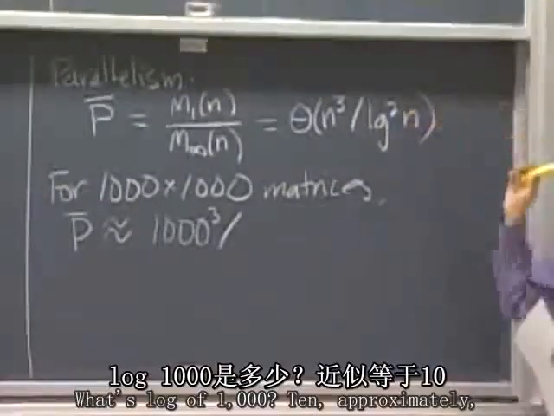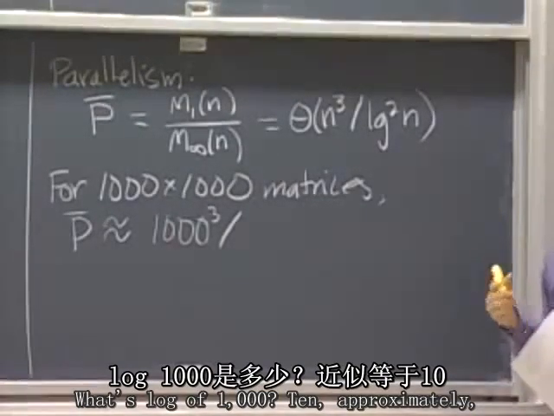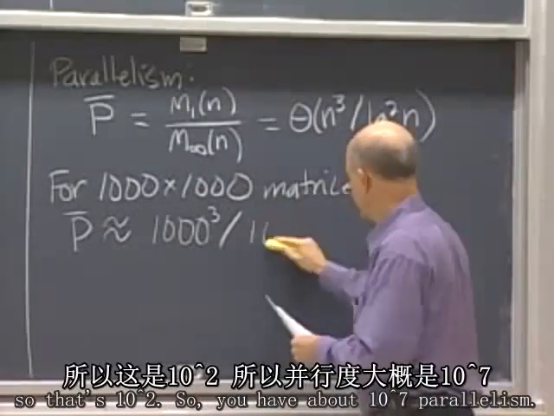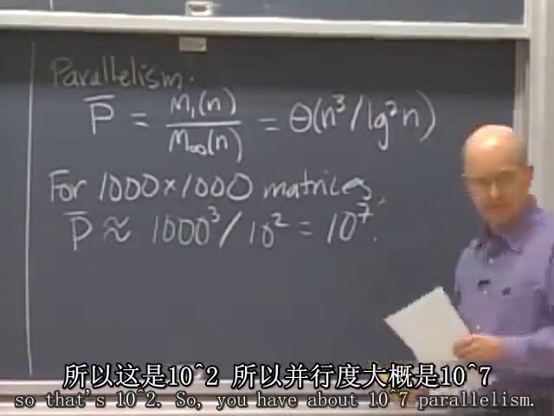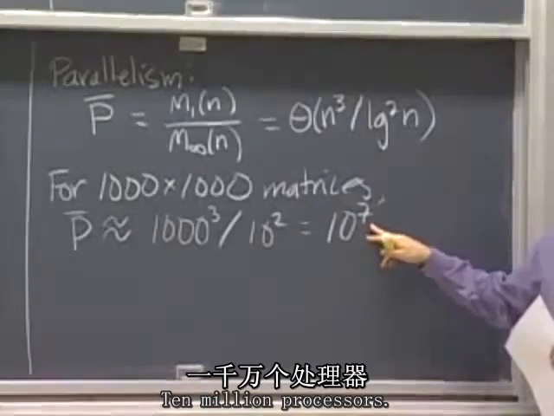What's log of 1,000? 10, approximately, right? Log base 2 of 1,000 is about 10, so that's 10 squared. So you get about 10 to the 7th parallelism. How big is 10 to the 7th? 10 million processors.